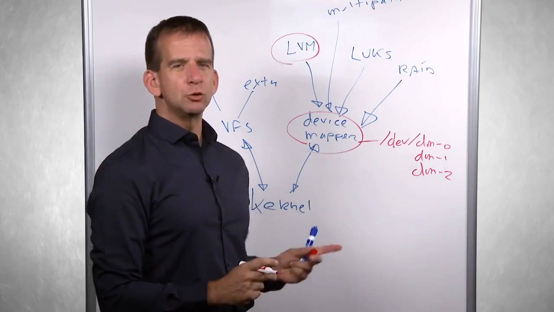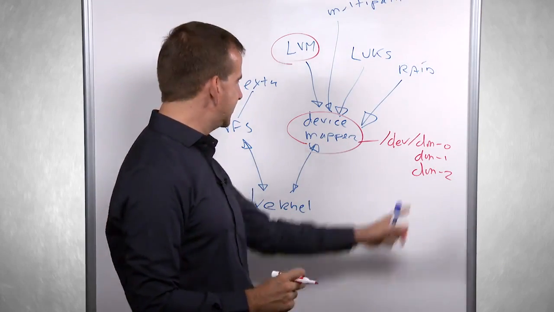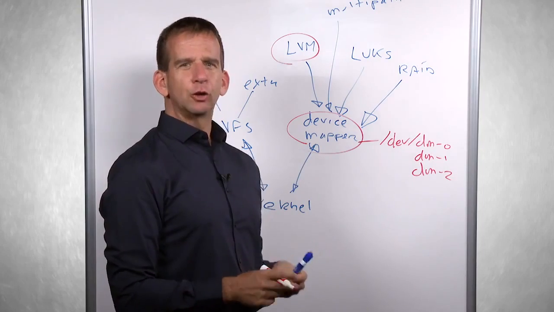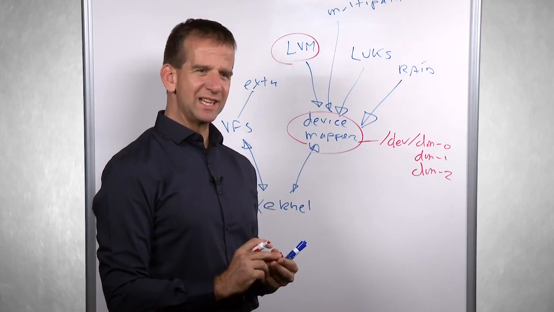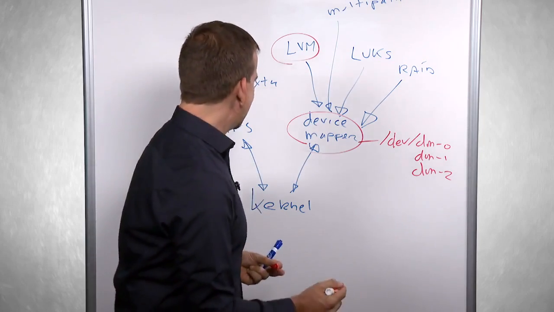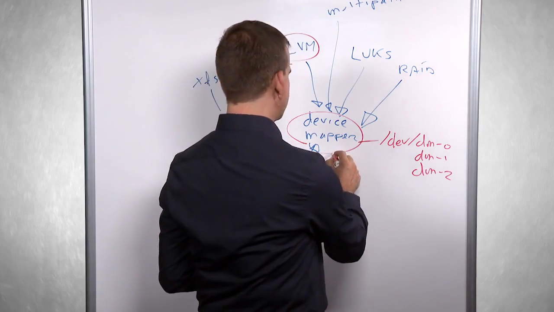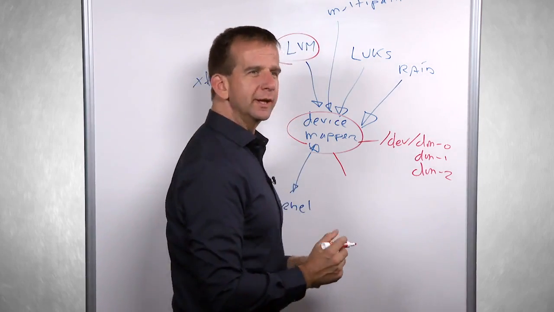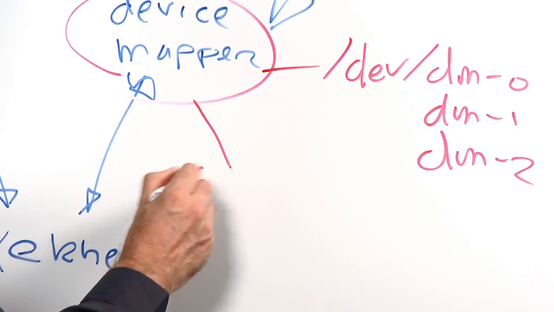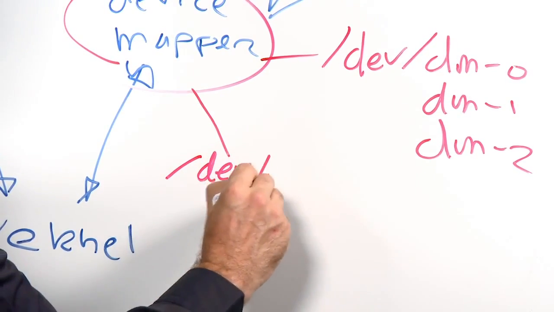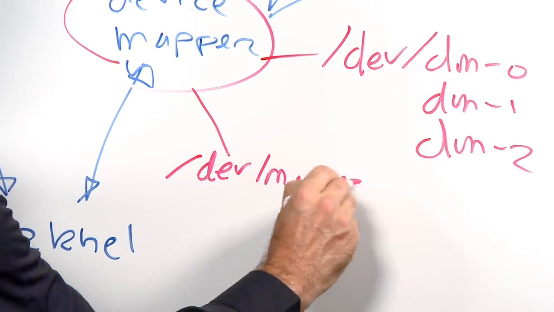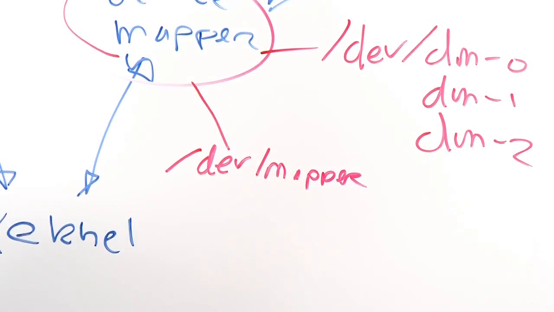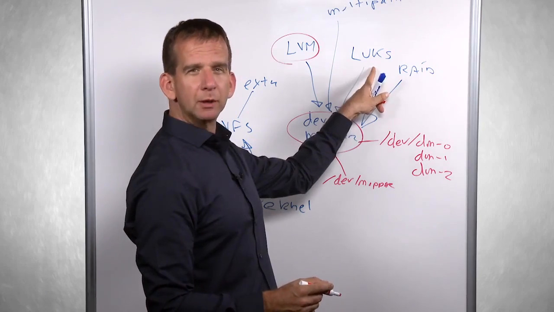But you don't want to use them, especially because these device names are created while your system boots and they can change. And that is why the device mapper also provides an alternative way of naming devices, which is the /dev/mapper directory. You have already seen the dev mapper directory while we were talking about LUKS.